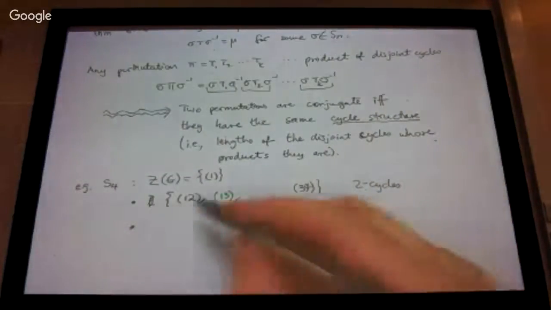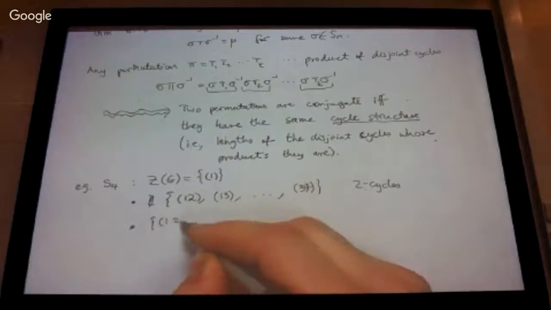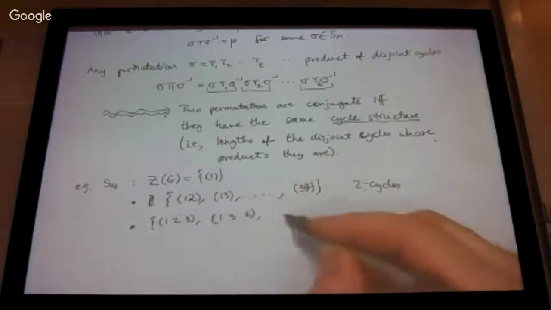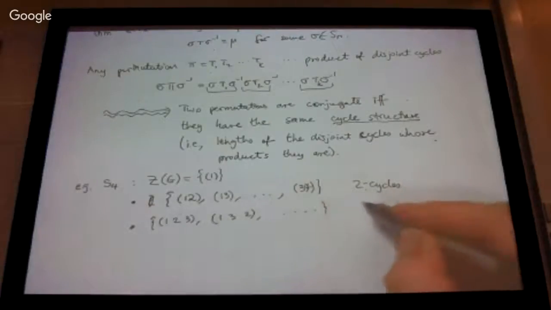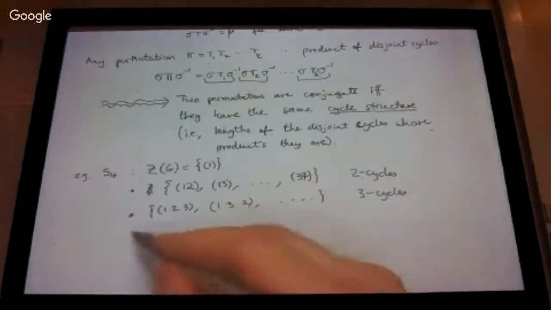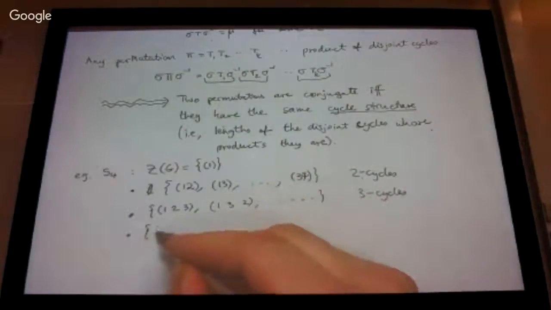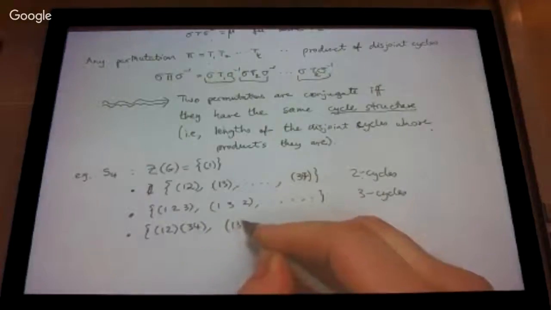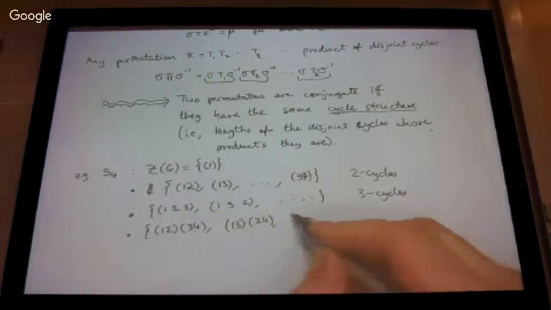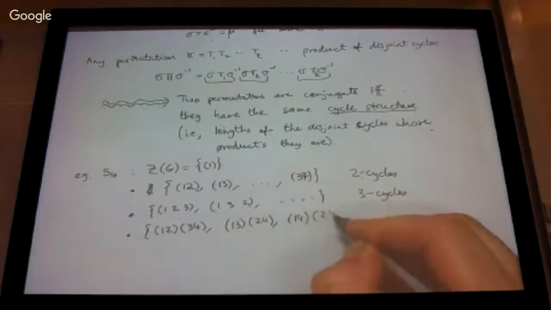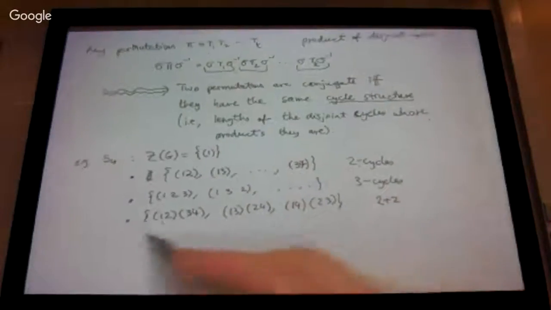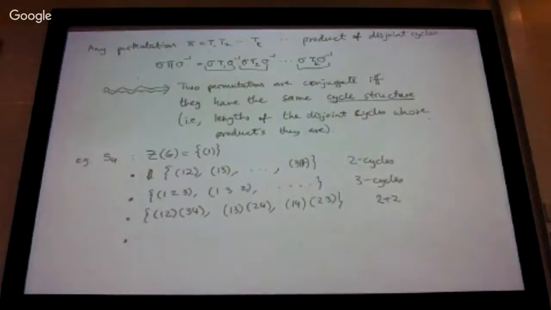Then you have all the 3 cycles. And you have all the 2 plus 2s. What else is there? 4 cycles.